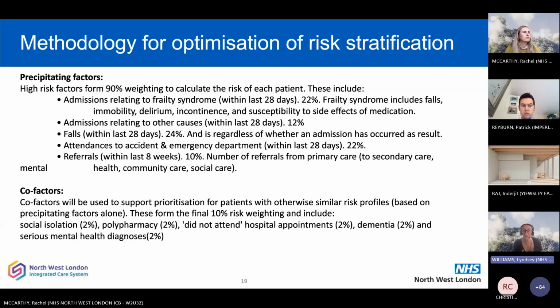Admissions in general are good because, not just related to frailty, they are more likely to be admitted. Falls on its own, we've collated as well. And you can see we've given a percentage of how we have included these risk factors. Attendance at A&E, and then you've got your referrals as well.